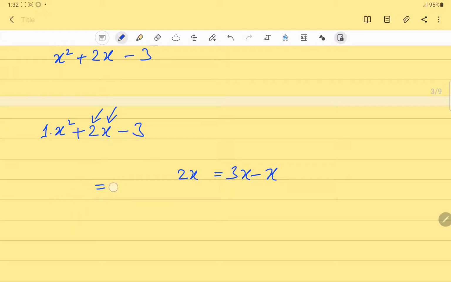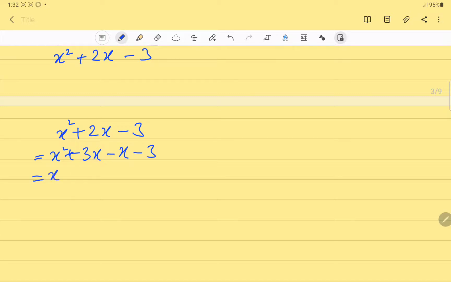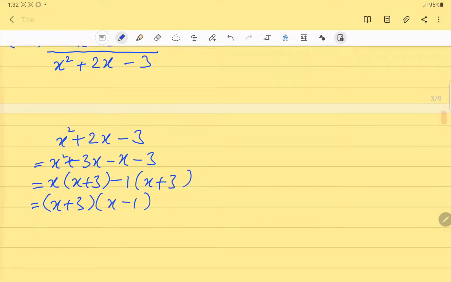Let's remove our rough work. x squared plus 3x minus x minus 3 is equal to x common, x plus 3, minus 1 common, x plus 3, then again x plus 3 common, and in the second bracket we will have x minus 1.